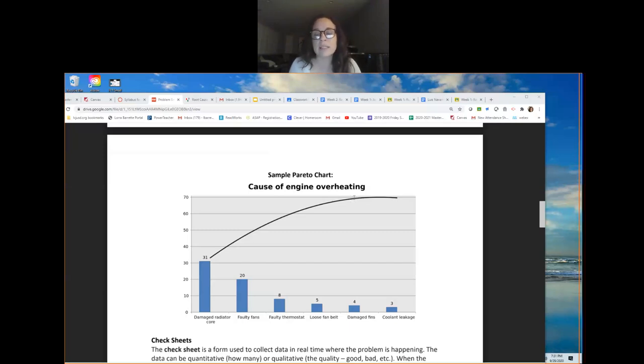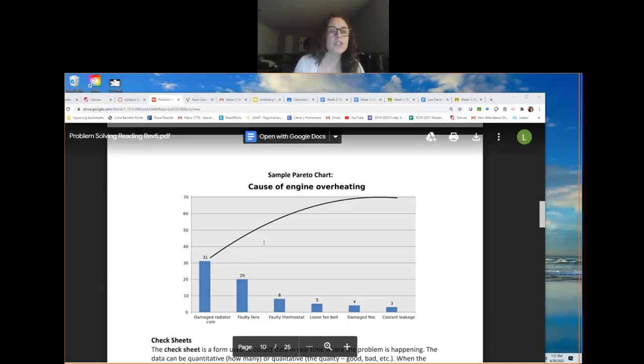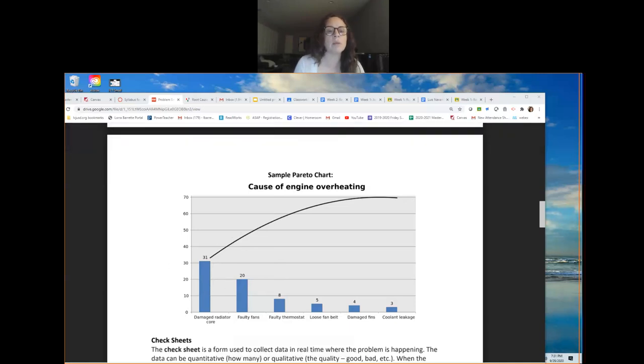And now it's 71. Okay, so if you look here, it's going up really fast. But here, it's kind of leveling out. It's kind of staying the same. So what it's showing is the amount of problems are going up really fast with the first 2 problems, which means that most of the problem is happening with these first 2.